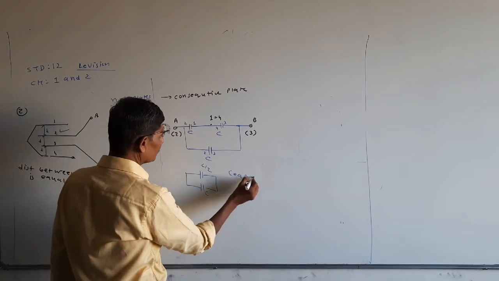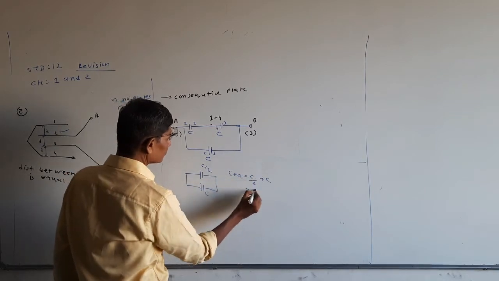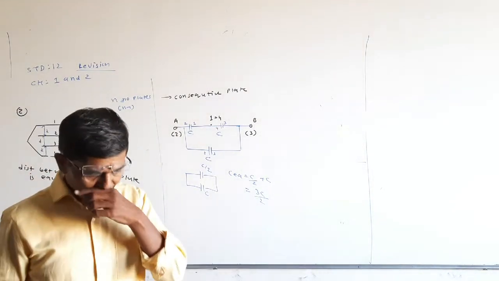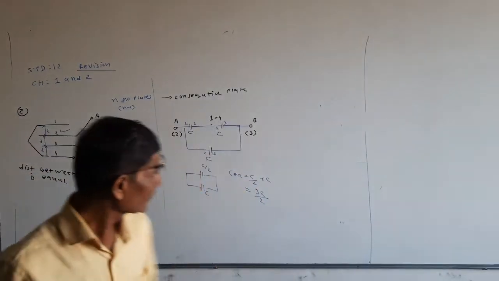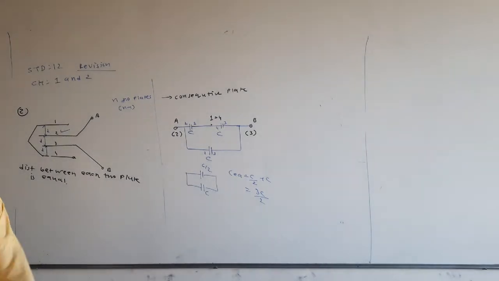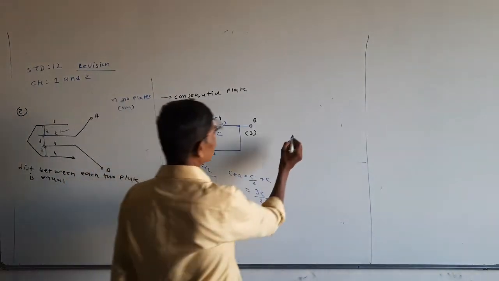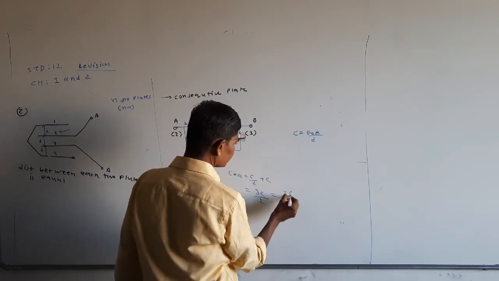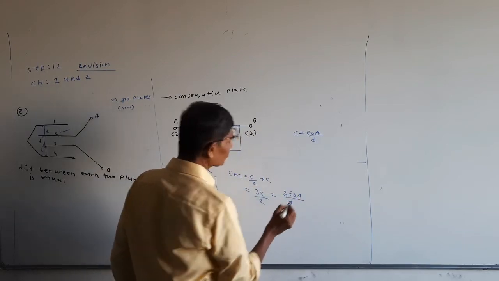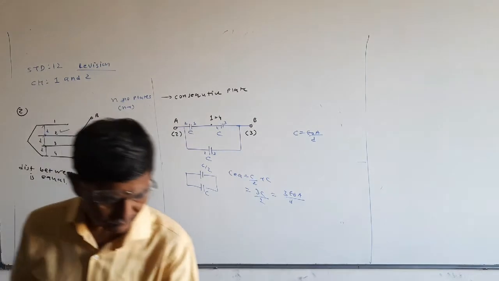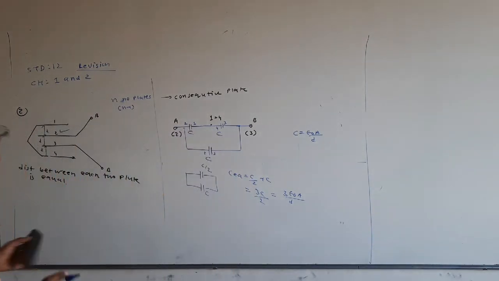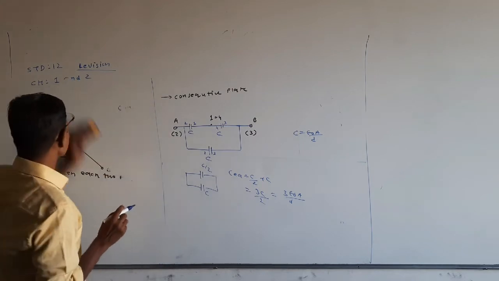So C equivalent will be 3C by 2. And C value is epsilon 0 A upon d. This is how we can solve. There are a number of questions like this that you can solve.